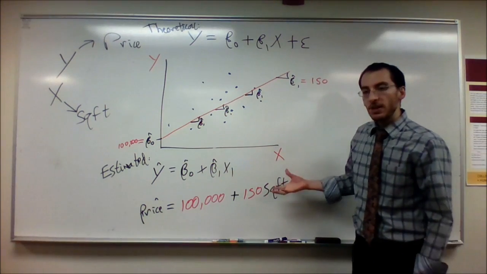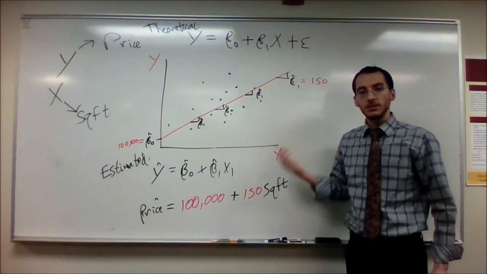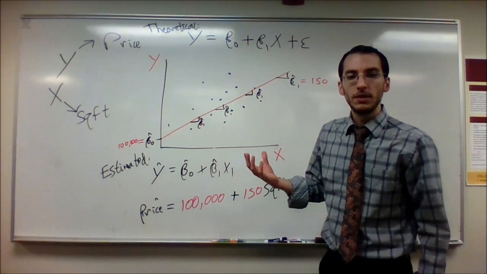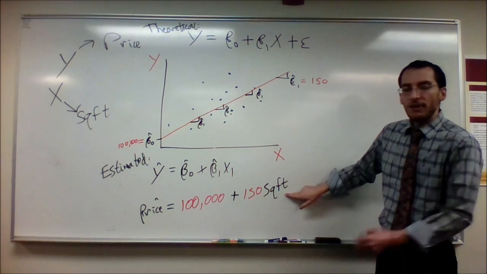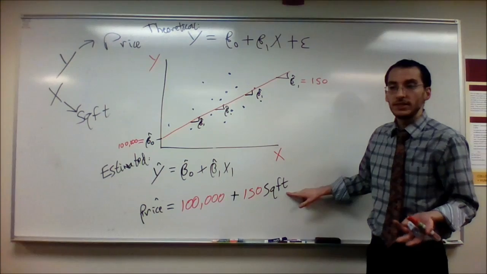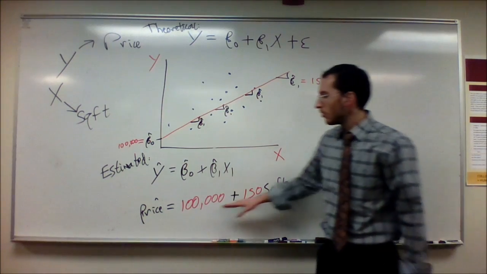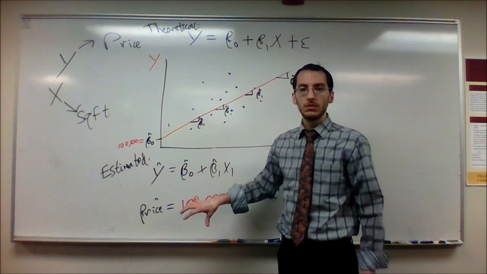The very important thing about the intercept is that we often don't interpret it because it just doesn't make sense. So here's the trick. Would we ever have a house that's at 0 square feet? No, that makes no sense at all. So we don't interpret this 100,000 on its own.